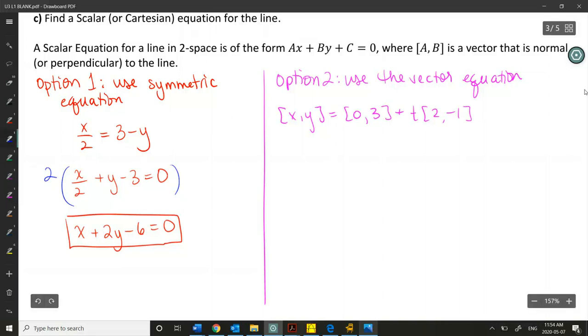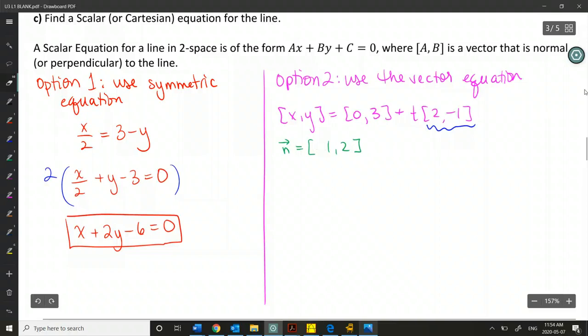So if you remember back from unit 1, I taught you a little trick to find a normal vector or a perpendicular vector. In order to find the normal vector, we have to use the direction vector and find a vector that's perpendicular to that. So if I take these two coordinates and swap them and then change one of their signs, then it should dot with the direction vector to give me 0. So I'm going to swap them, and then you need to choose one sign to change.